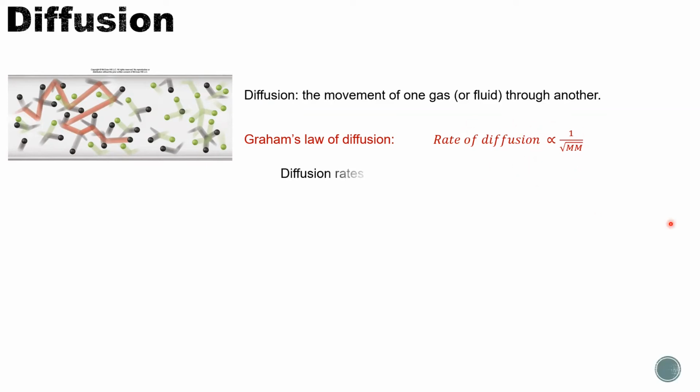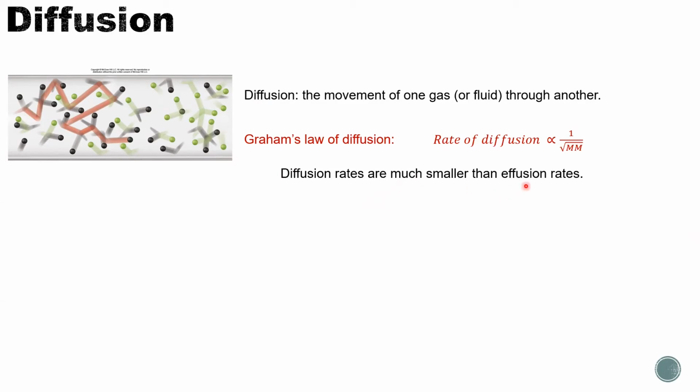But actually, the diffusion rate is much smaller than the effusion rate. When we take this proportion away, we need to put a constant here, right? The constants for diffusion and effusion are different. So diffusion rates are much smaller than effusion rates.